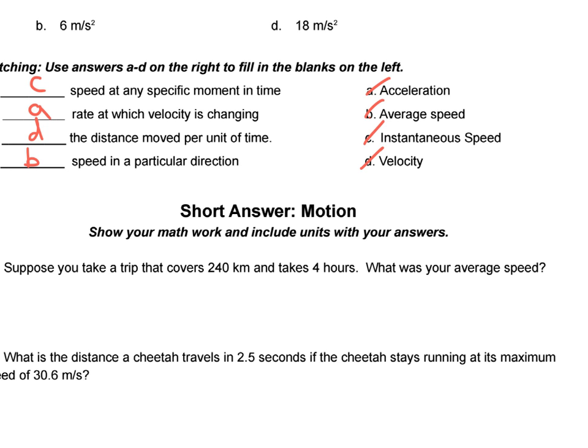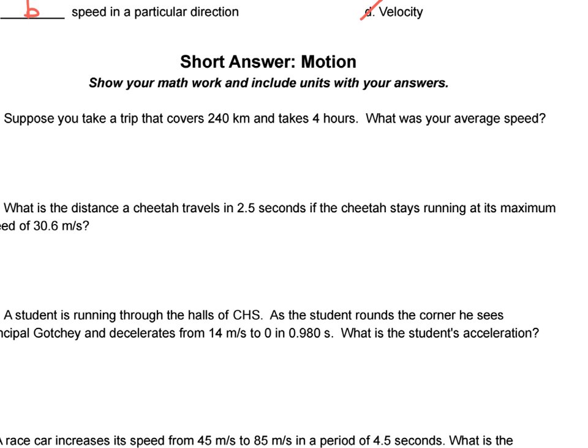All right, moving down. So suppose you take a trip that covers 240 kilometers and takes 4 hours. What's your average speed? So when we're dealing with average speed, we don't really worry too much about acceleration. We're just going to use the formula distance equals speed times time.